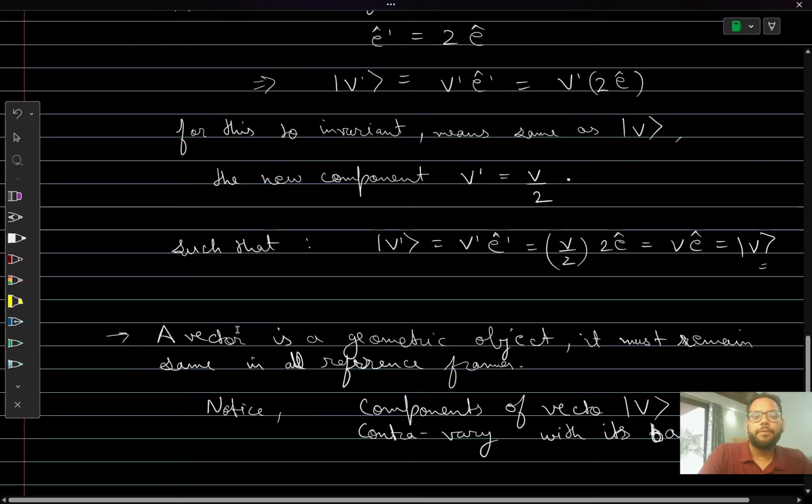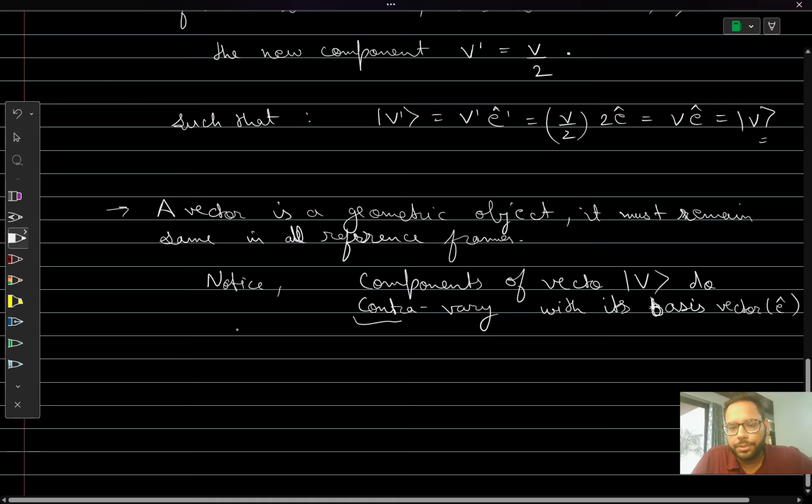Okay, so they contravary means they vary opposite, in opposite sense.